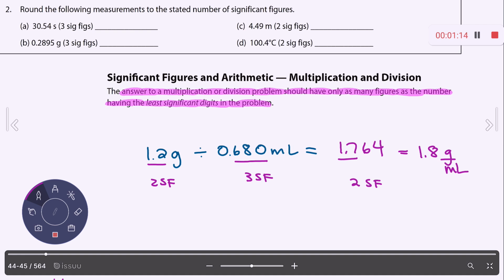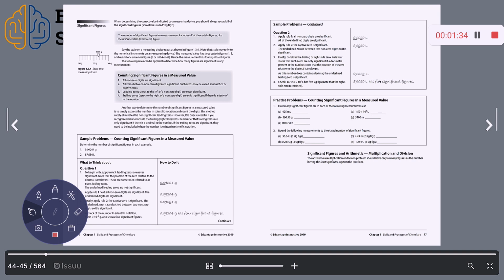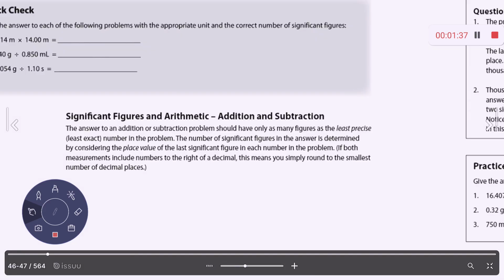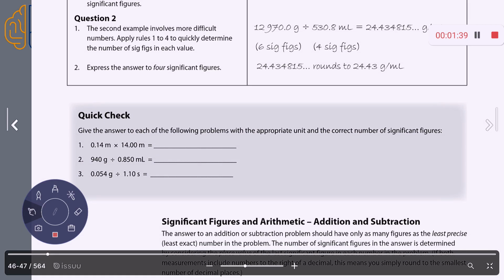Okay? So let's take a look at the next page. Let's look at the quick check. You tell me, for number 1, how many significant digits do I have in 0.14? 2. So I'm going to underline them.